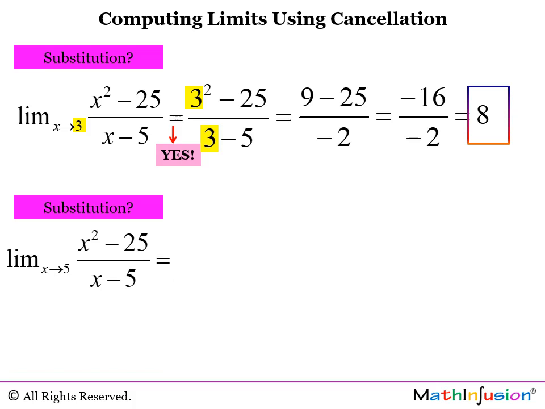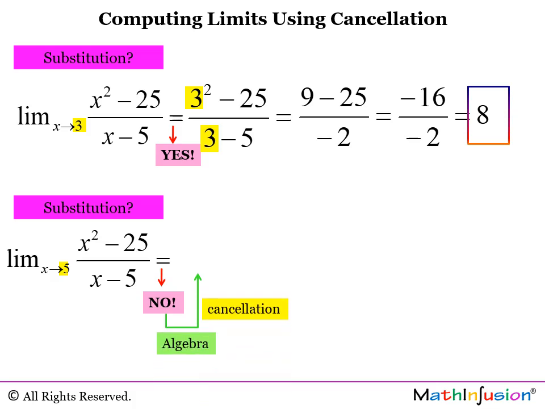What about this limit? The function is the same, but now the limit is when x approaches 5. In this case, the answer is no. When we substitute 5, we get 0 over 0. Because substitution is not possible, we will try some algebra.